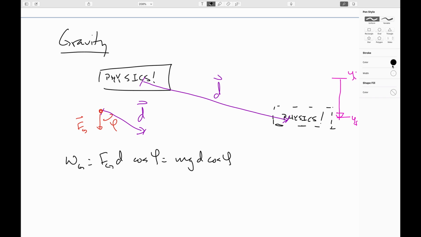But now take a look here. This d cosine phi here, that's this bit right here.